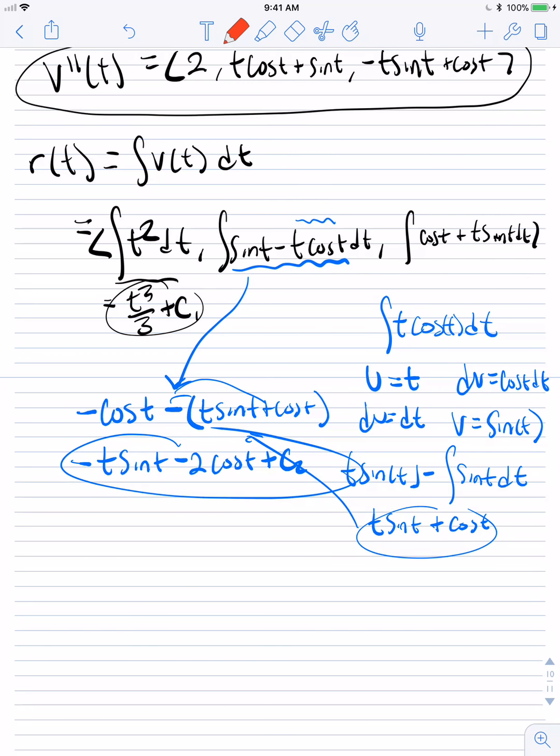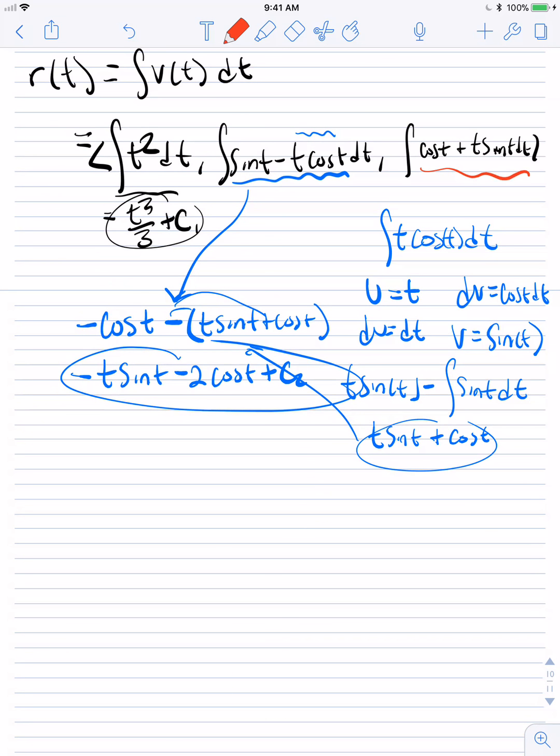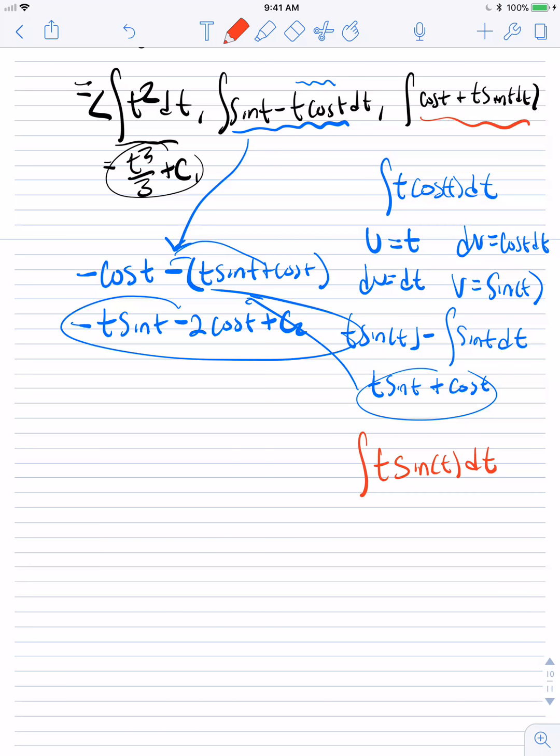I'll do this third part in red. We see that we're going to need a t sine t integral. So on this again, I'll do that on the side. The integral of t sine t dt. Do the same exact thing. u equals t, dv is equal to sine t dt. du would be equal to dt. Our v, the integral of sine, would be negative cosine t.